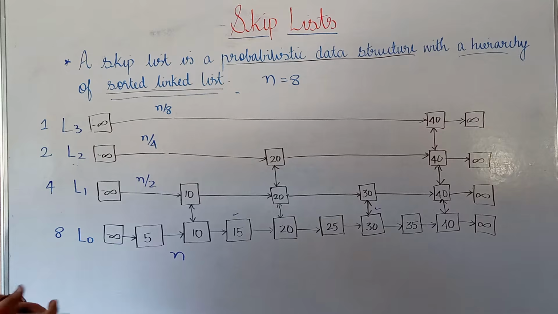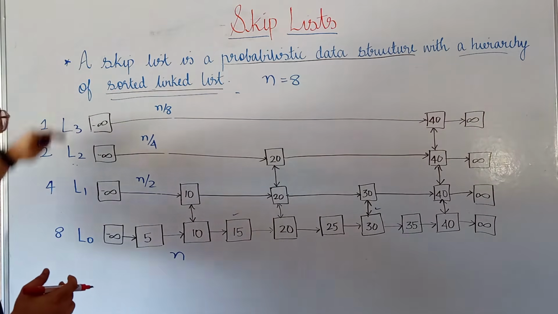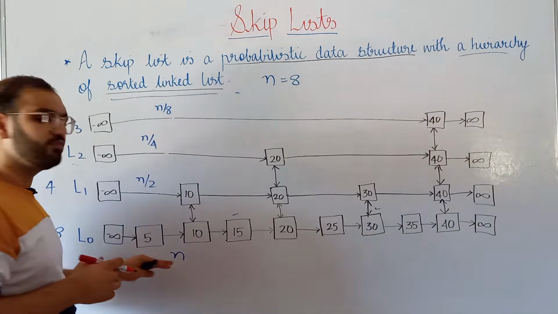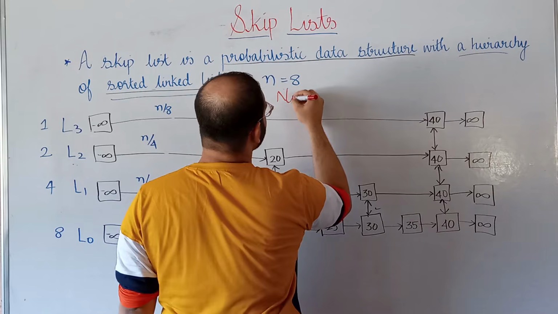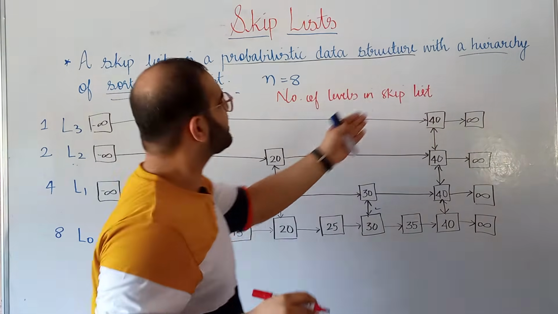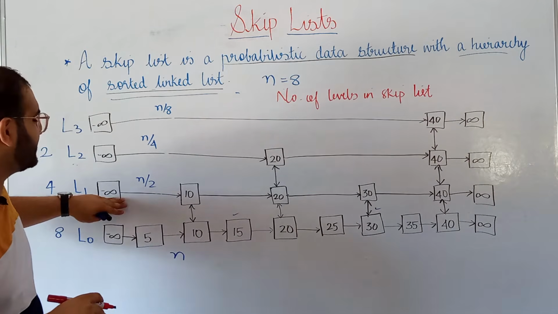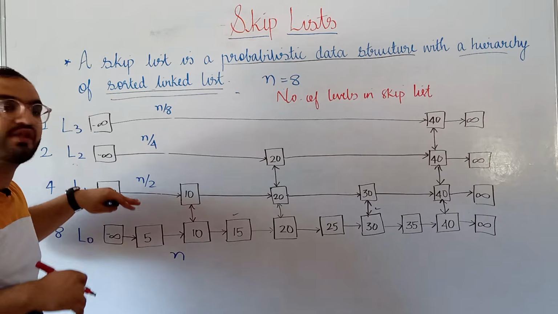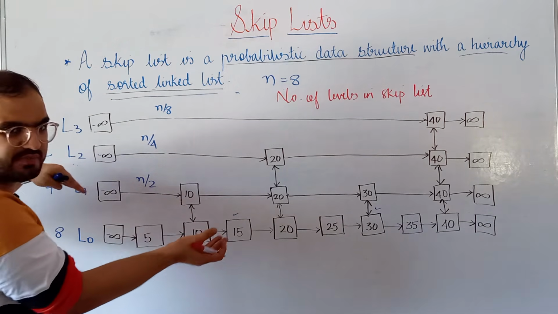So if I ask you approximately how many levels will be there in such a skip list in which the bottommost linked list has n nodes. So the number of levels in skip list. As you can see, because in each and every linked list, the number of nodes is half that of the linked list just below it.